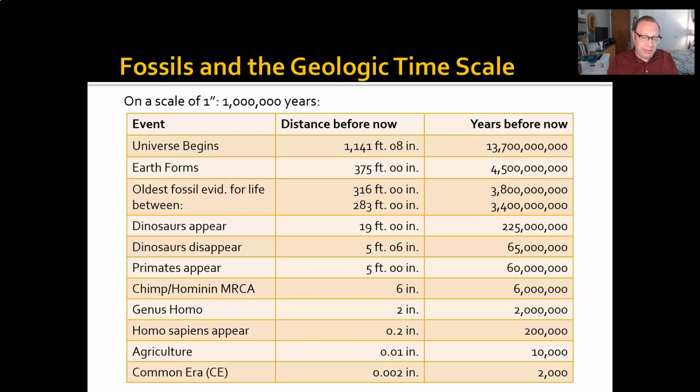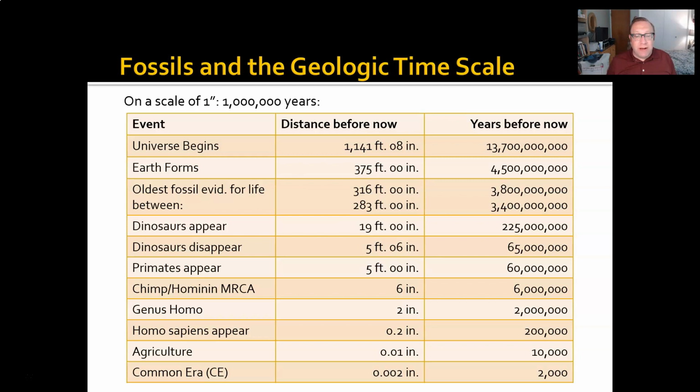As I mentioned last time, mammals have a big adaptive radiation into all the niches the dinosaurs left unfilled. But even with that, it takes until about 6 inches from us before the last common ancestor between chimps and humans, so the beginning of the hominin line, that is the line that leads to us.